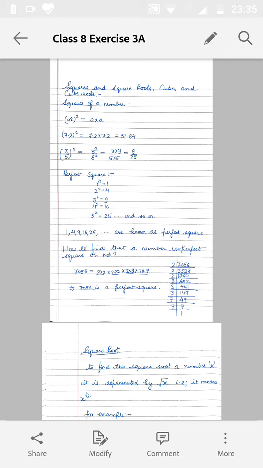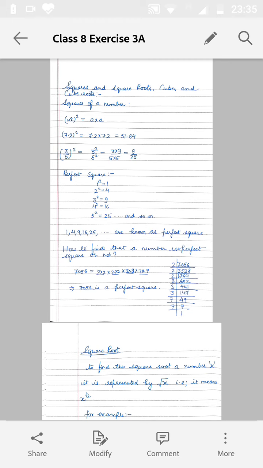It is easy to find perfect squares up to 2-digit or 3-digit numbers. But if the numbers are big enough, then to find out whether the given number is a perfect square or not, we have to find the prime factors of it. So to find out whether 7056 is a perfect square or not, I find the prime factors of the number.